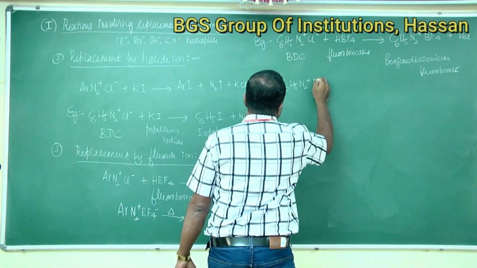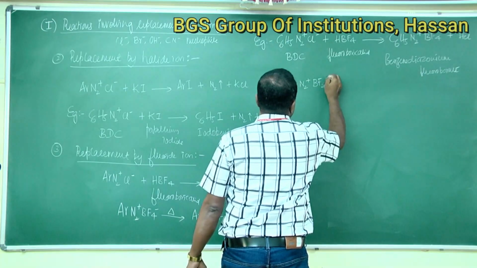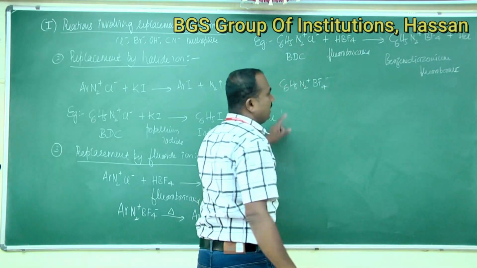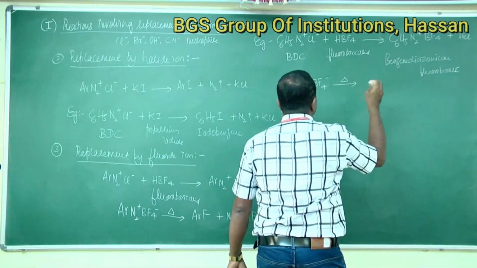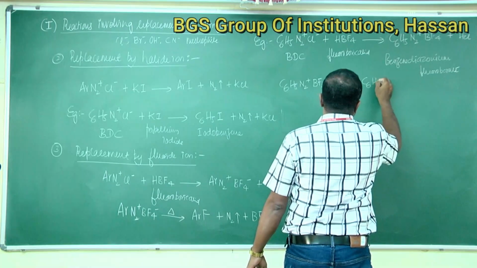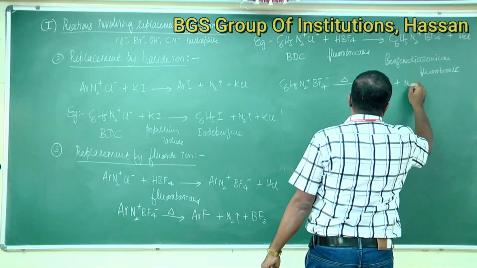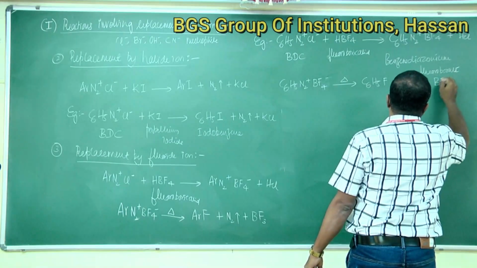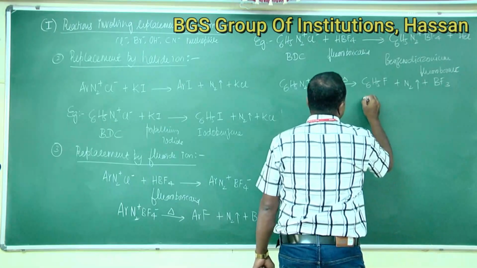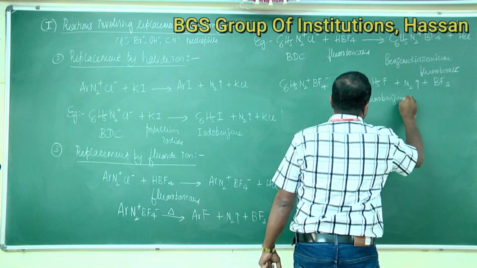C6H5N2+BF4⁻, benzene diazonium fluoroborate, on strong heating gives C6H5F plus dinitrogen gas plus BF3, boron trifluoride. This is fluorobenzene.